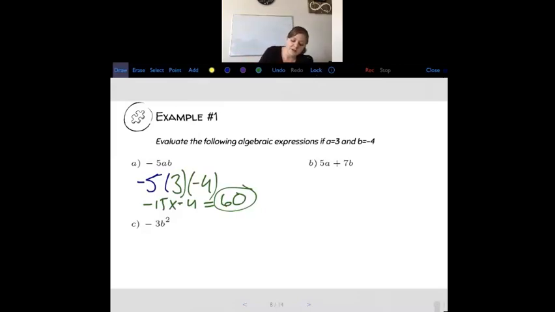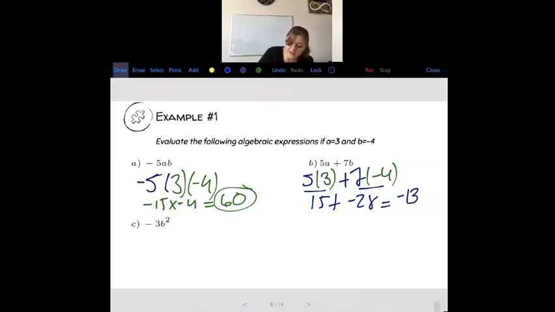For example B, we'll plug in 3 for A because A equals 3. When you see A, you should think of 3 in this problem. 5 times A plus 7 times B. And then we use order of operations, so we'll do multiplication first. And 15 plus negative 28 is negative 13.